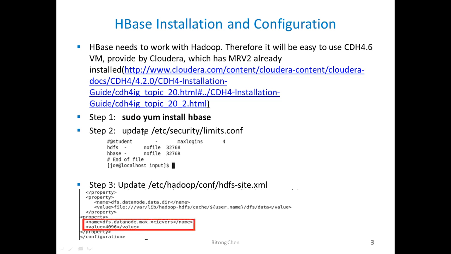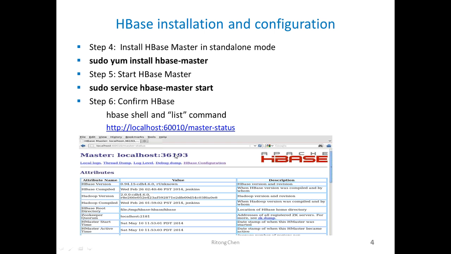In step one, you use this sudo command to run into HBase, and then it recommends you update these two configuration files, one security-wise, with this entry. And then you need to install the HBase master in standalone mode. In my case, it's a VM, so it is standalone. So you just install the HBase master.